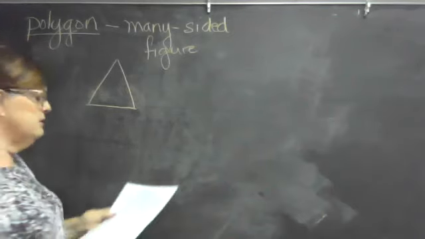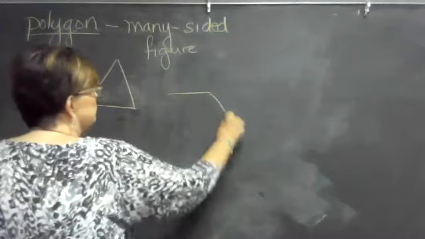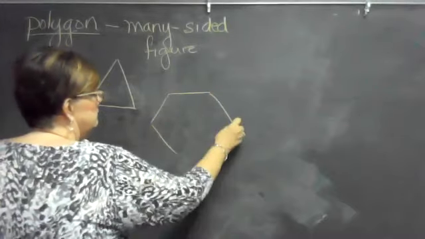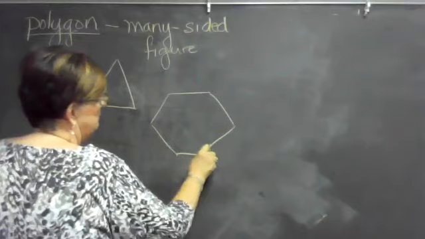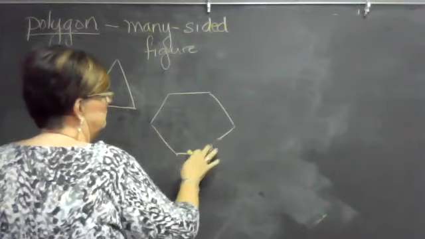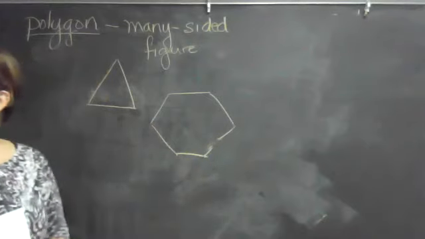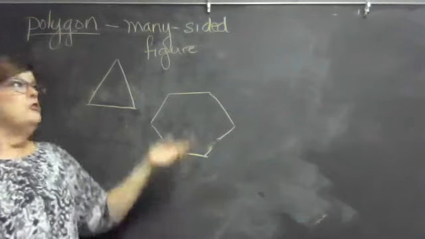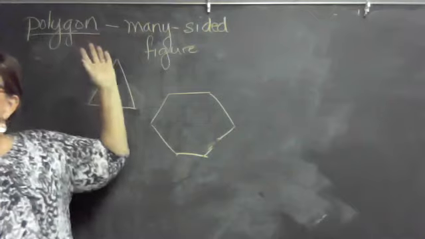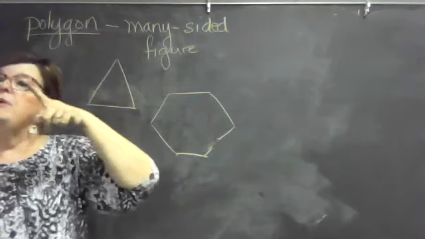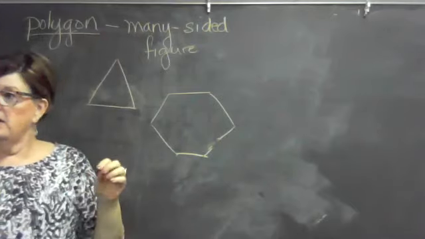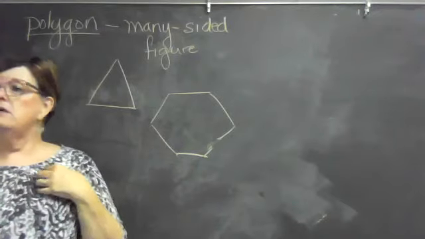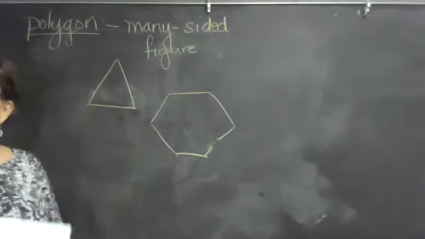If you'll look at the next one. Okay, it has sides. It's a figure with many sides, right? So it's a polygon. You're exactly right, because it has 6 sides. Hexa means 6, so 6 sides.